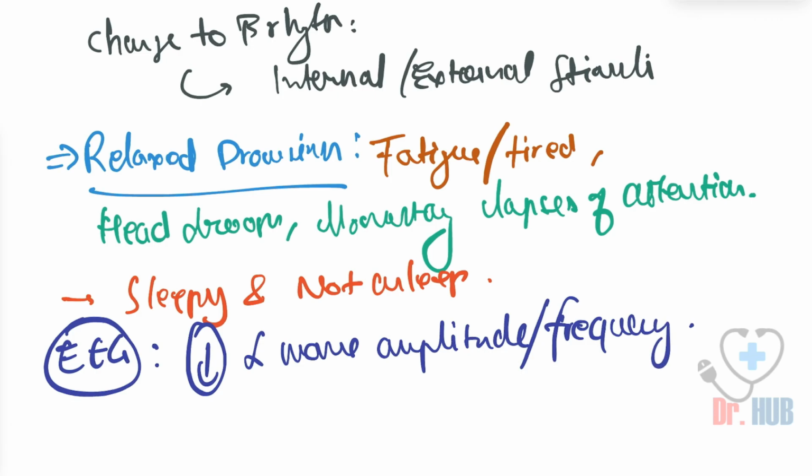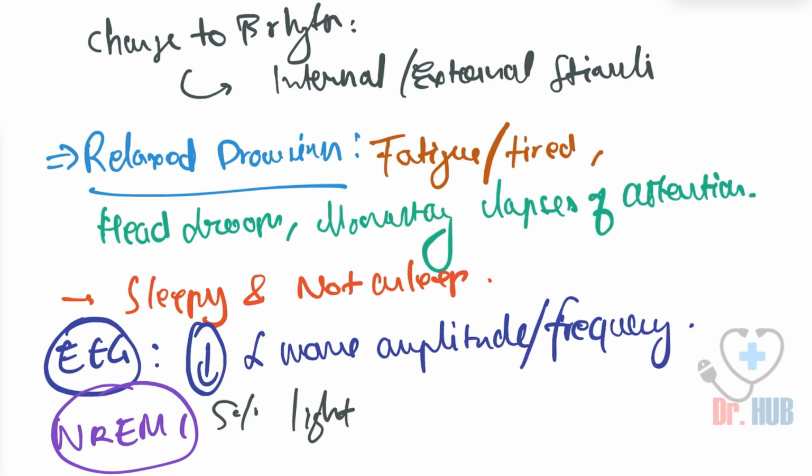Then we move on to NREM1. So what is NREM1? This stage is about 5% of sleep. Here the behavior is light sleep, and the person is easily aroused.